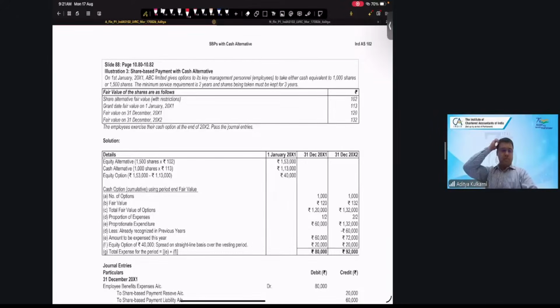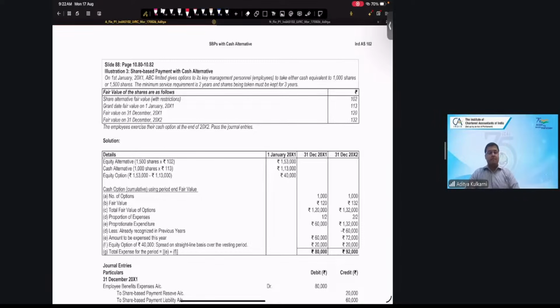Equity shares in the case of ESOP, cash in the case of share appreciation rights, where there was only a movement of cash. But what if there is an instrument where the employee has a choice to opt for either equity or cash? The settlement would be in cash or in equities, the entity's own equity shares.